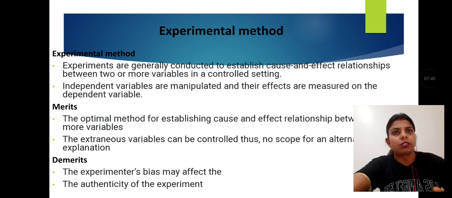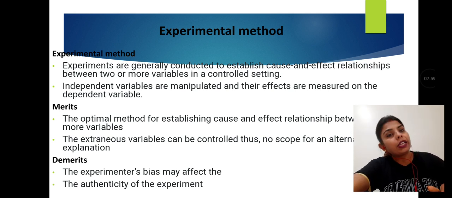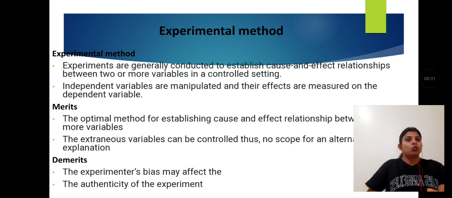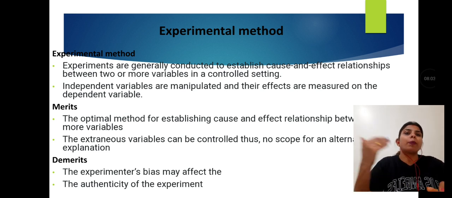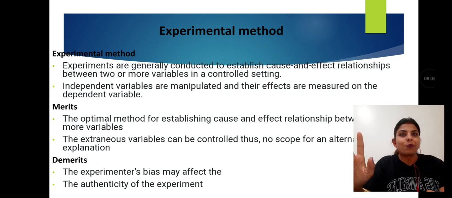How to conduct it? Steps in an experiment. First of all, select participants randomly, divide them into control and experimental groups, apply the independent variable to one group and measure the dependent variable in both groups. Analyze results and data, draw conclusions.